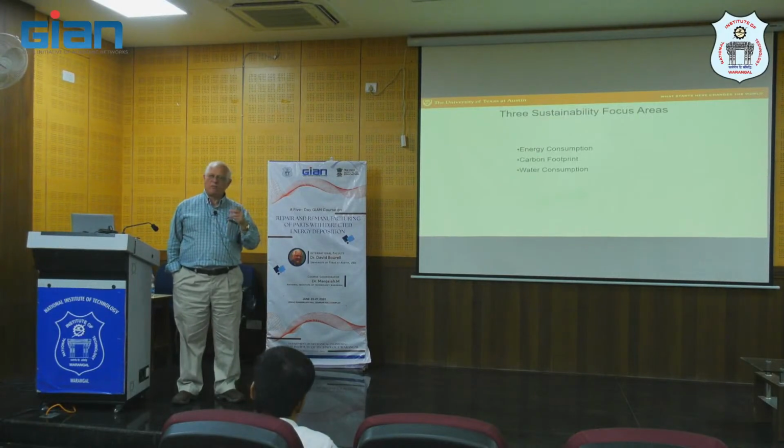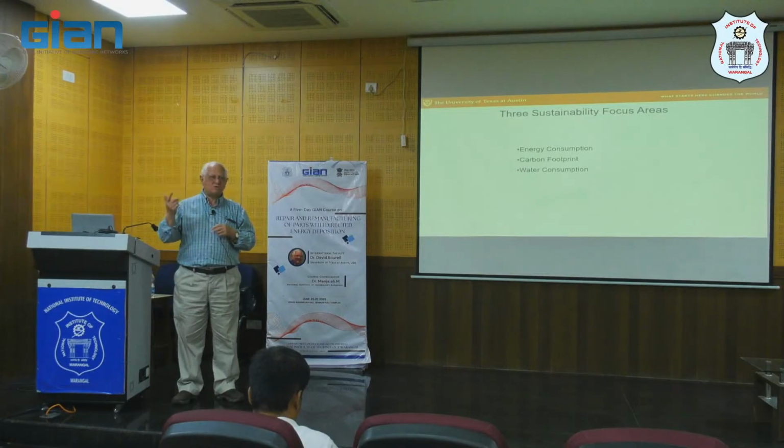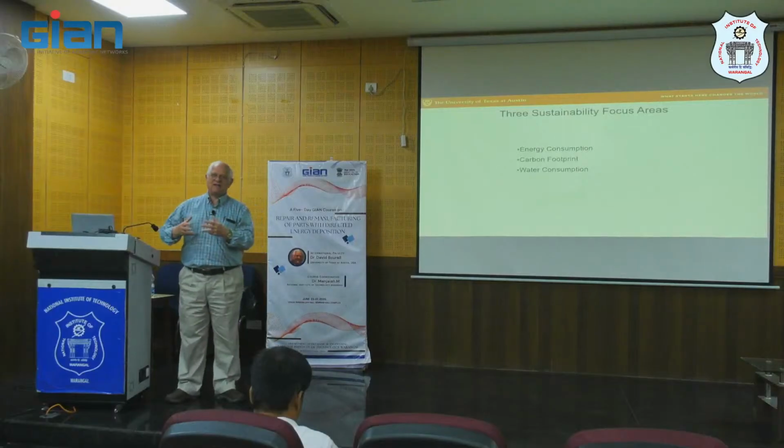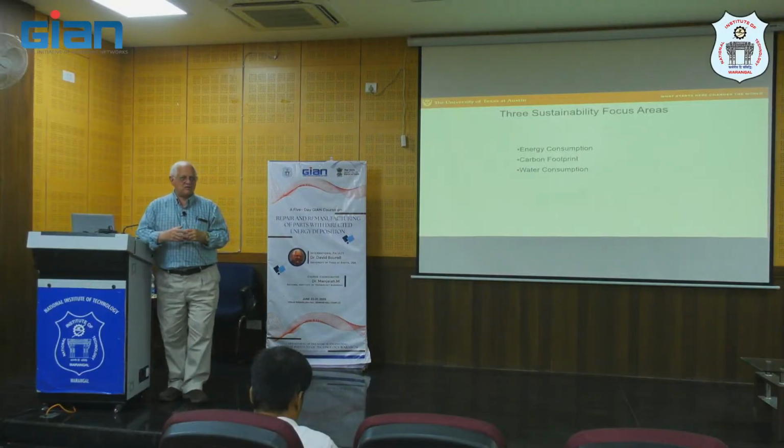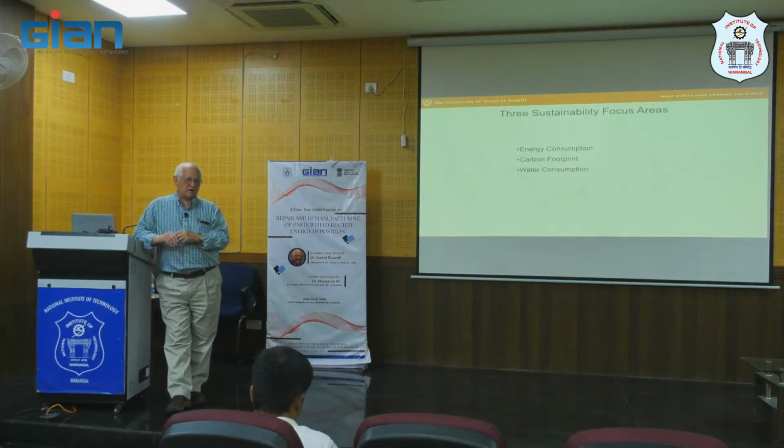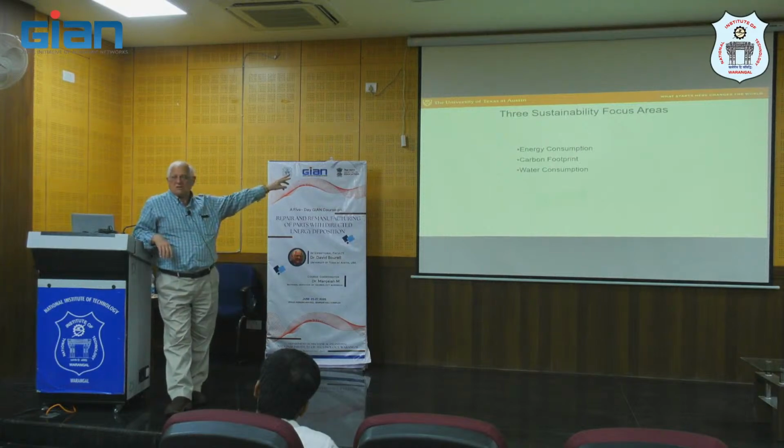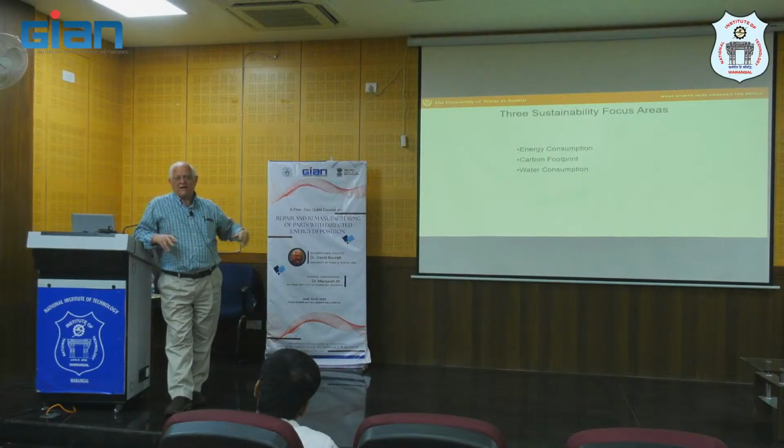I'll talk about that more, but the way it's connected is that most of the energy consumed in manufacturing comes from the creation of the energy that's necessary to do the operation. And that energy often comes from fossil fuels. So it's the conversion of the fossil fuel that releases CO2 into the atmosphere and creates the carbon footprint. So again, I'll give some examples about that. We'll talk about it some more.